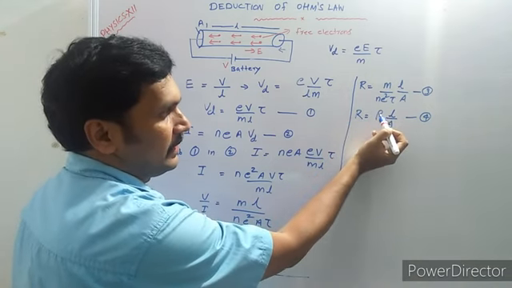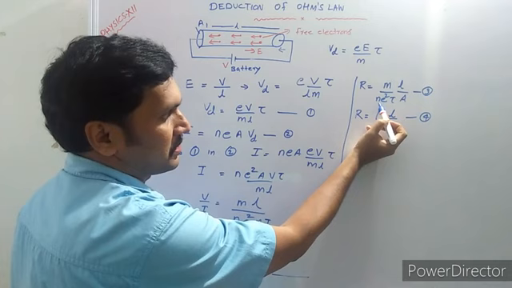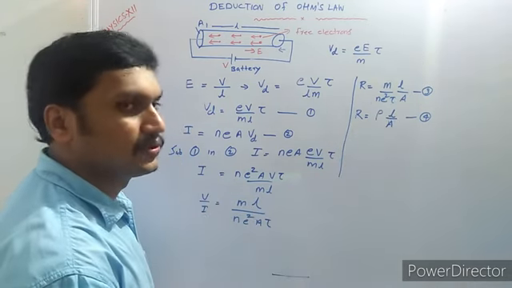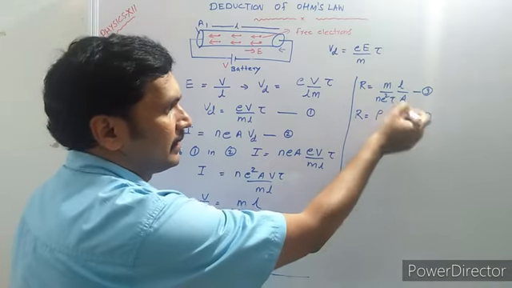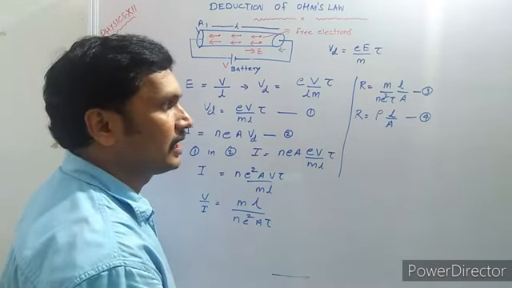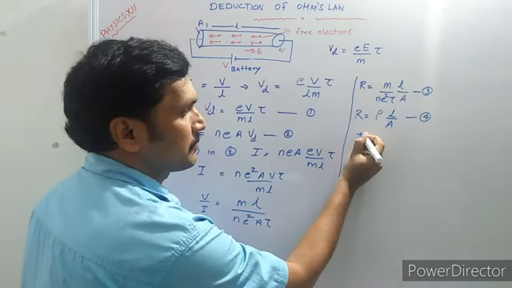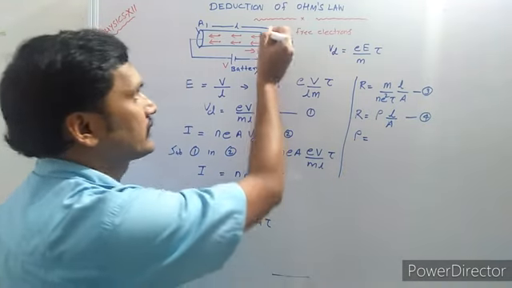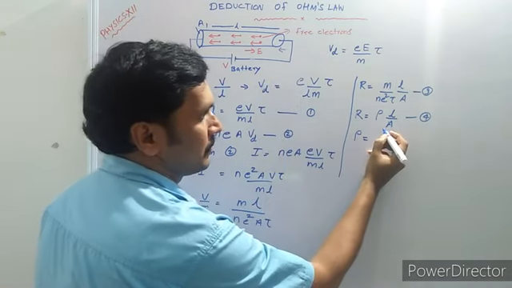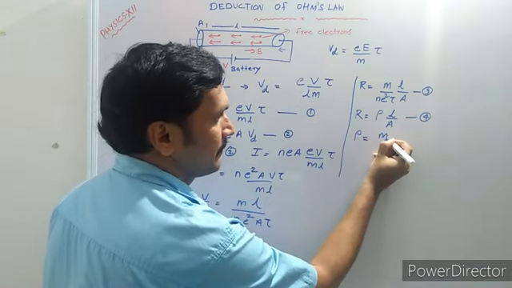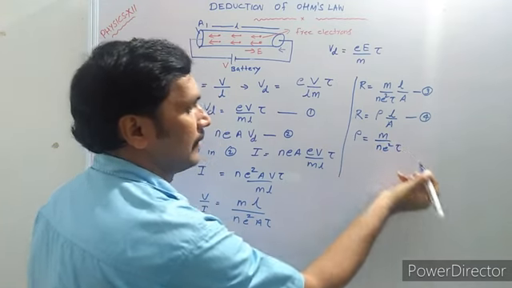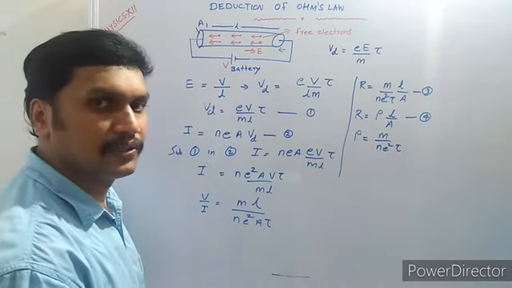On the right side, instead of rho in equation 4, we have m by n e square tau in equation 3, and L by A is the same. So by comparing them, we can write the expression for the resistivity of the material of this conductor: rho is equal to m by n e square tau.